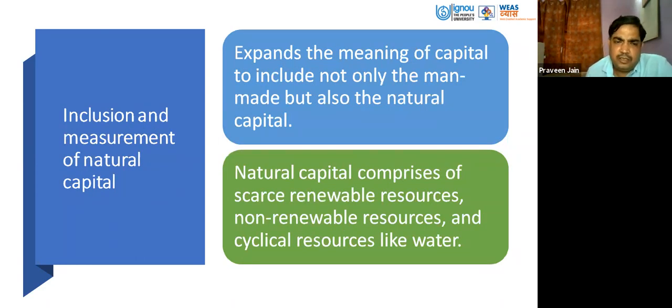And like we discussed earlier, we also measure natural capital. We expand the meaning of capital to include not only the man-made capital but also the natural capital.